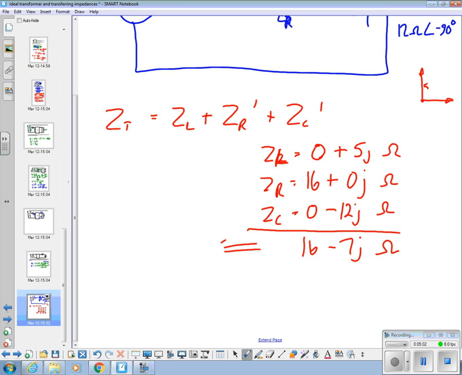Convert back. I get ZT is equal to 17.5 ohms, angle minus 23.6 degrees.